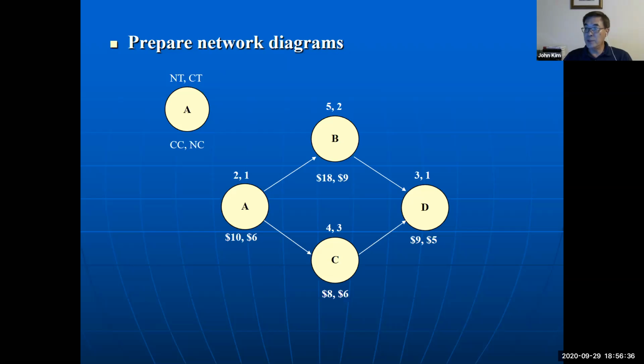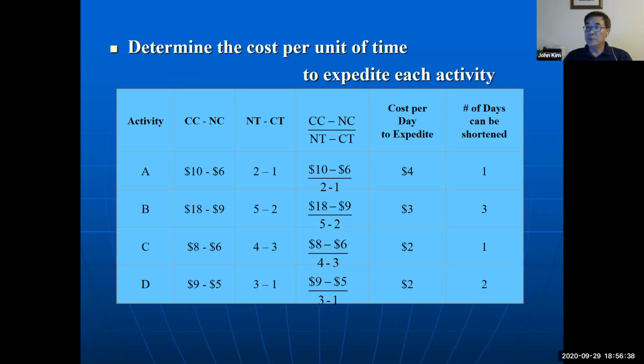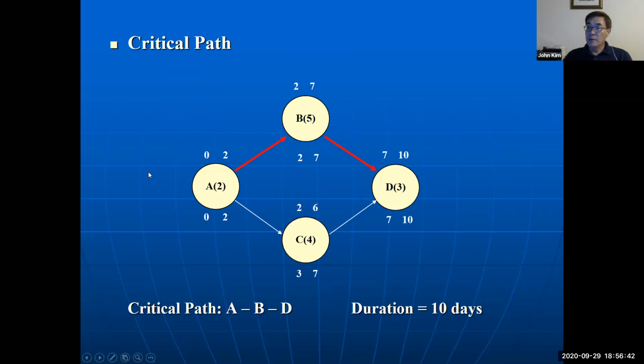So first we draw, and then critical path is A, B, D. Then how can we manage and shorten any activity on the critical path? Then project time is shorter.